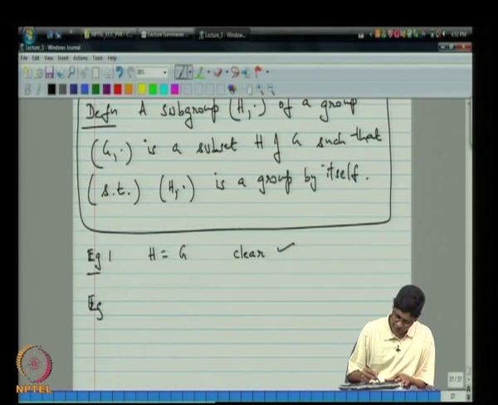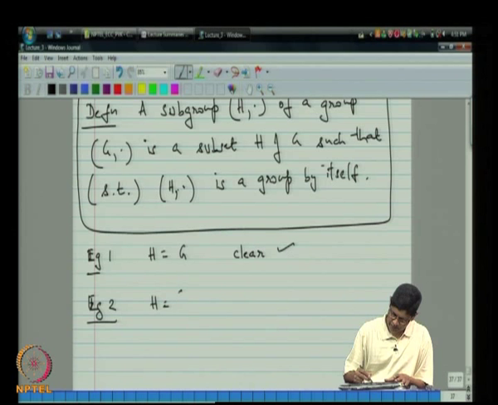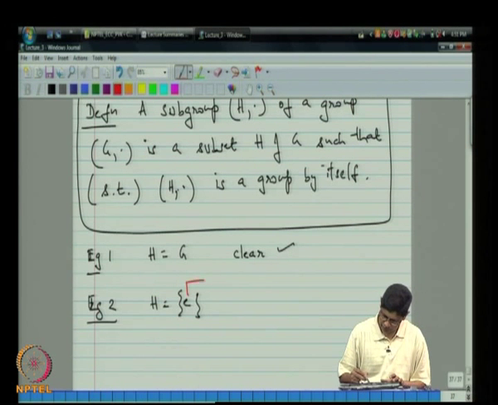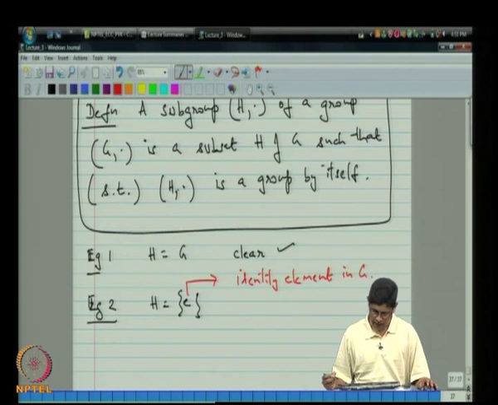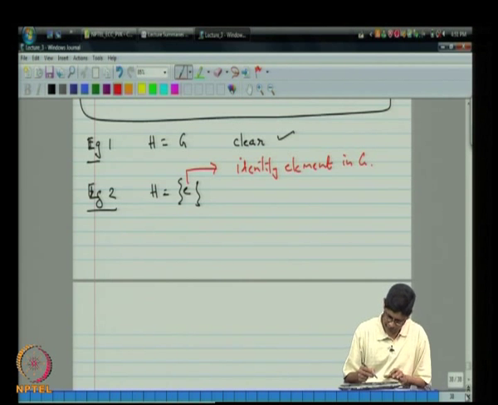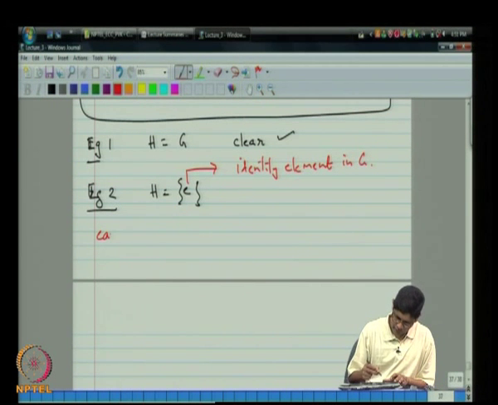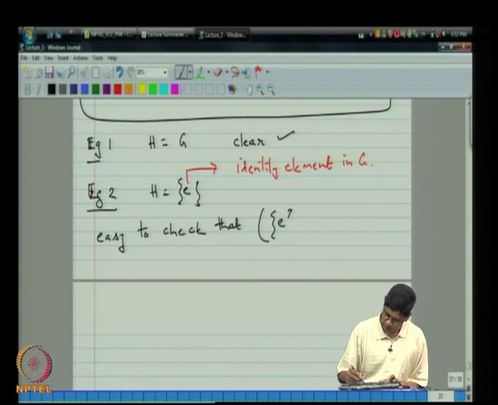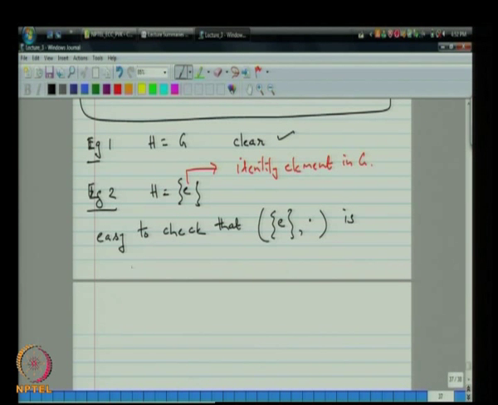The second example is the case when H is a set that consists of only the identity element of G. Here e is the identity element in G, and it is easy to check that this is a subgroup.